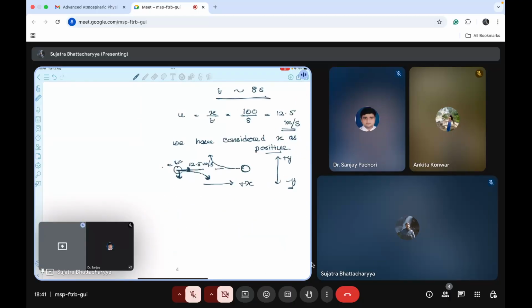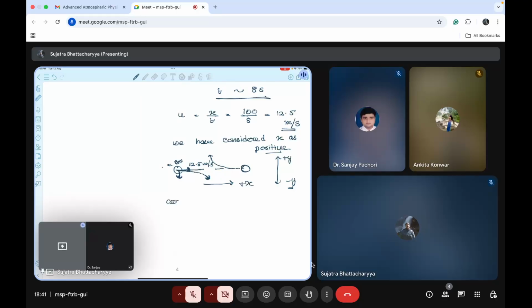So what it represents is that at 43° north, when these two balls are approaching each other, and I'm considering this ball, it is moving southward, negative of y, which is true because that is the nature of the Coriolis force.